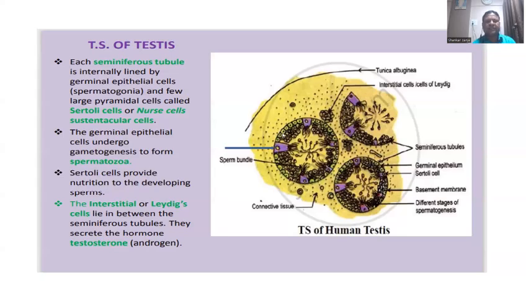So this is about the testes, external structure as well as the TS of testes. Now this is about the detailed TS of testes structure.